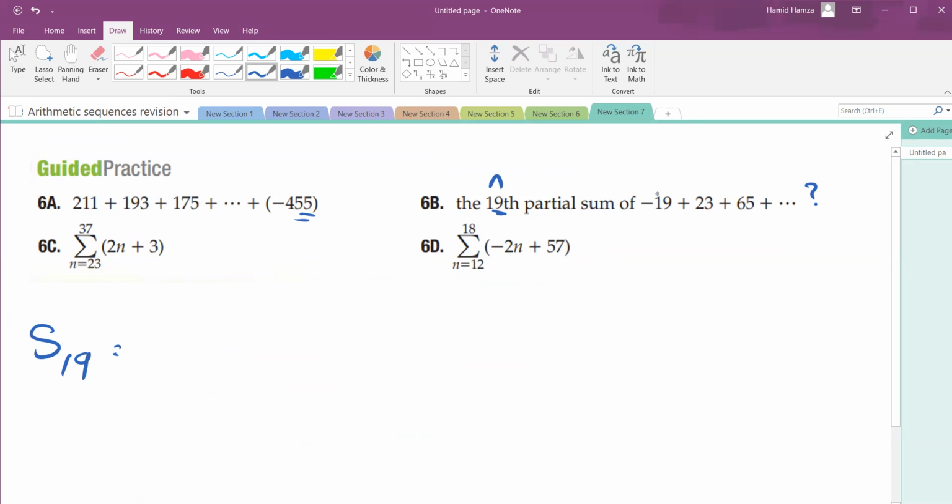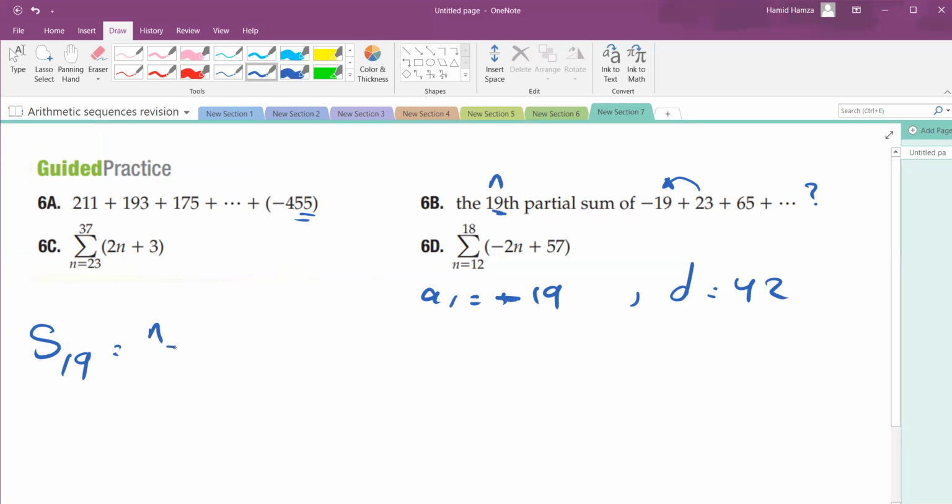The first term, guys, is given as negative 19. We wanted to find the common difference by subtracting 23 minus negative 19. So A1 will be negative 19, and d, the common difference, is 23 minus negative 19, which means plus 19. So that means 42.